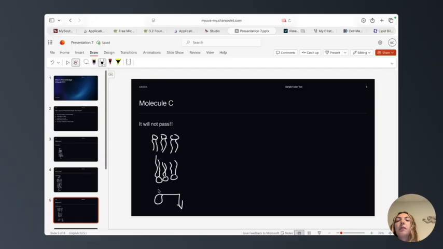Maybe a little bit might get through, but it's not going to pass without some assistance due to its size and polarity.